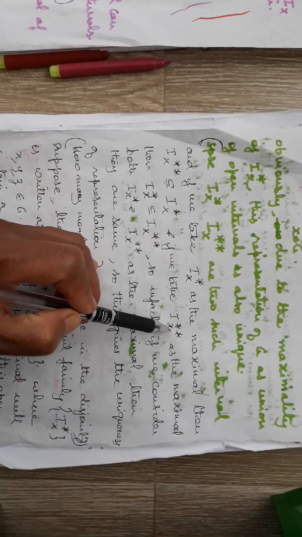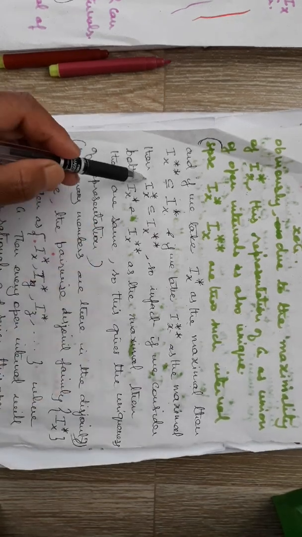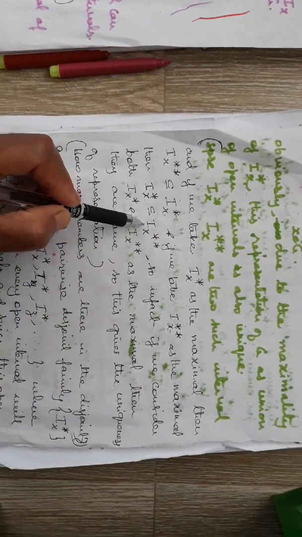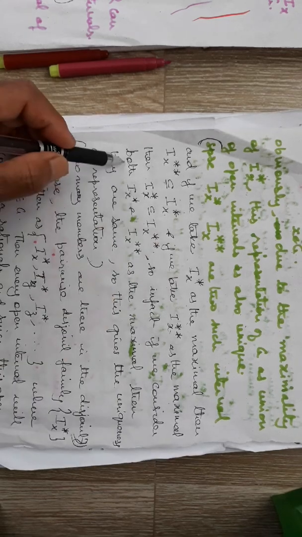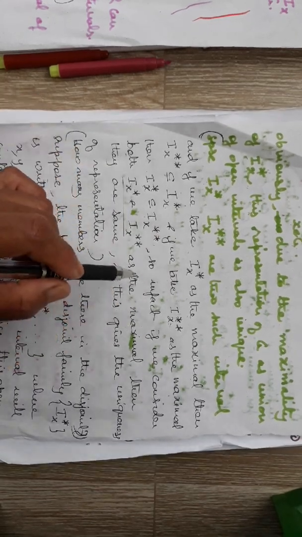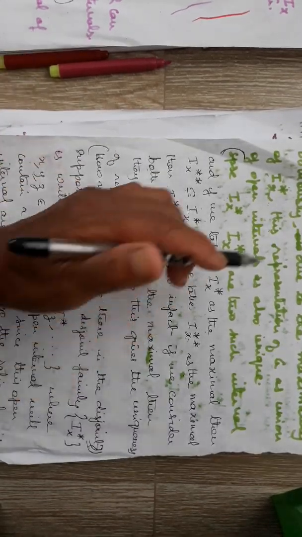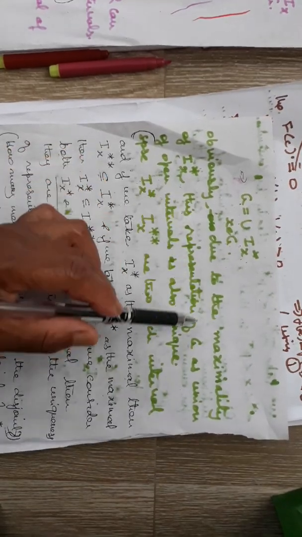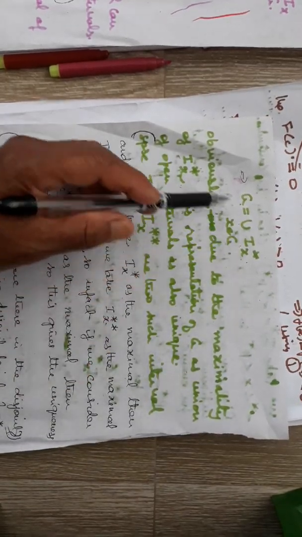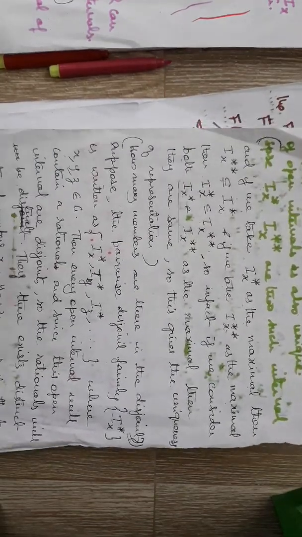Similarly, if we take Ix double star as the maximal, then Ix star will be contained in Ix double star. So in fact, if we consider both of them as maximal, then they are the same. So this gives us the uniqueness of this representation of G in the form of open intervals.